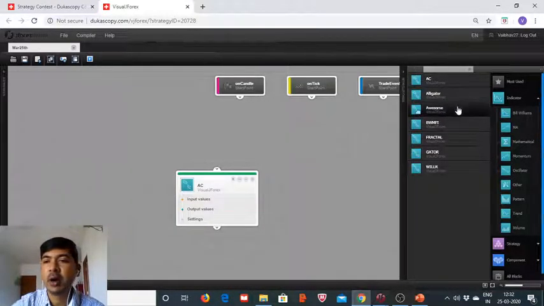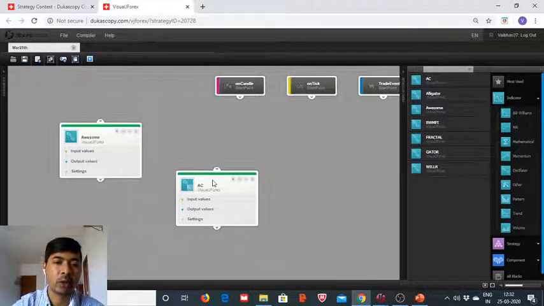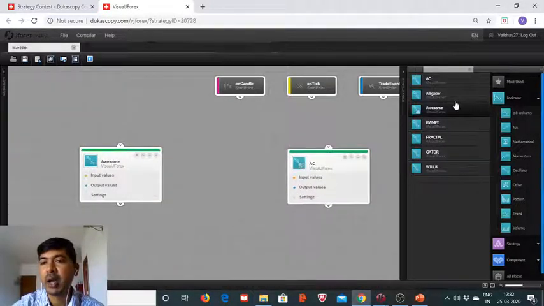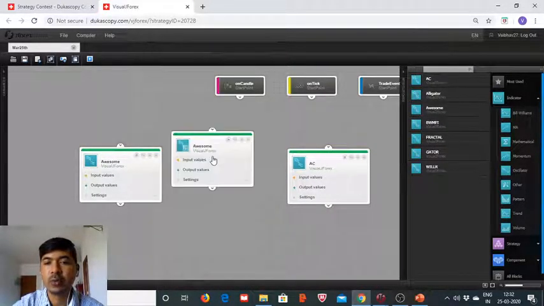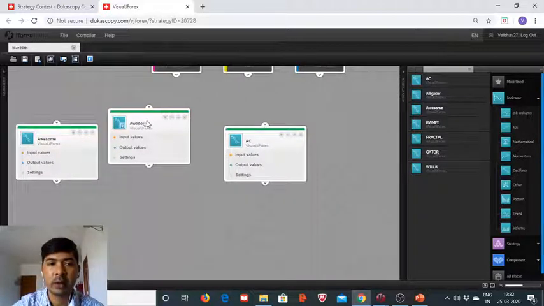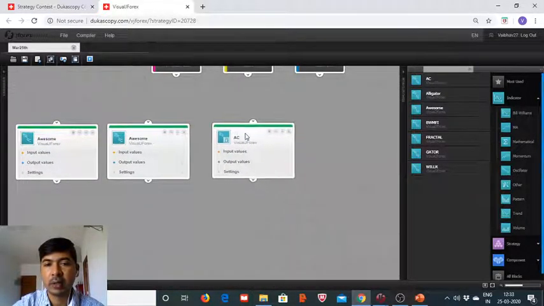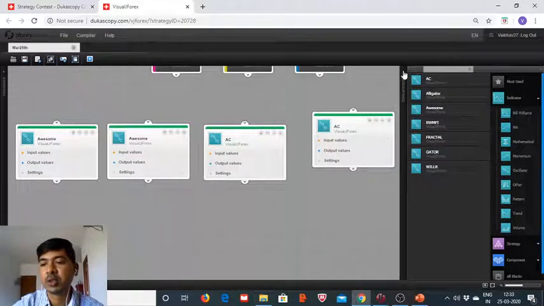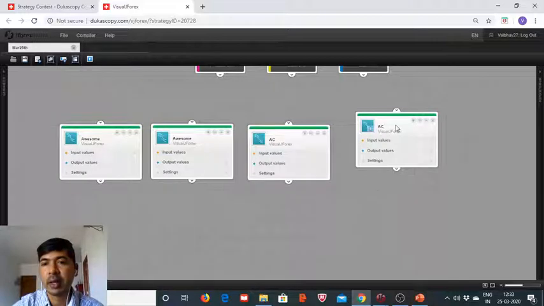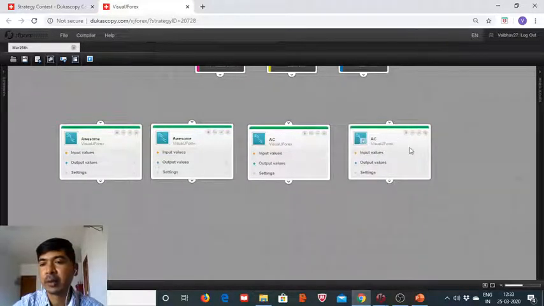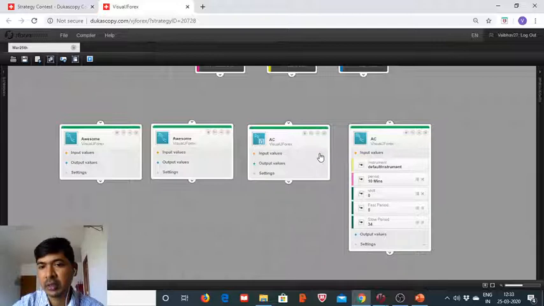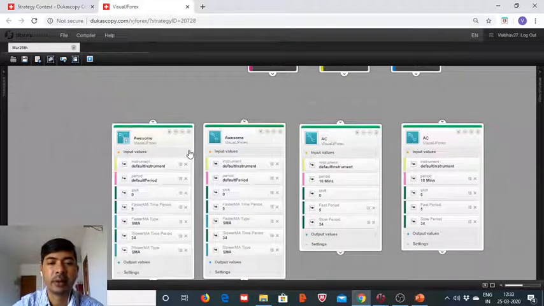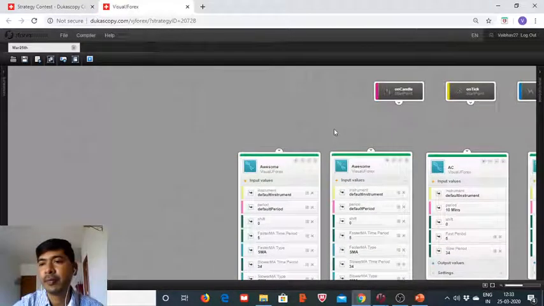We will need the awesome oscillator 2 blocks to look for the 4 hourly requirements, shift 1 and shift 2. Then we will need the AC2 values, AC2 blocks as well, to make sure that the trend change is spotted by the algorithm.